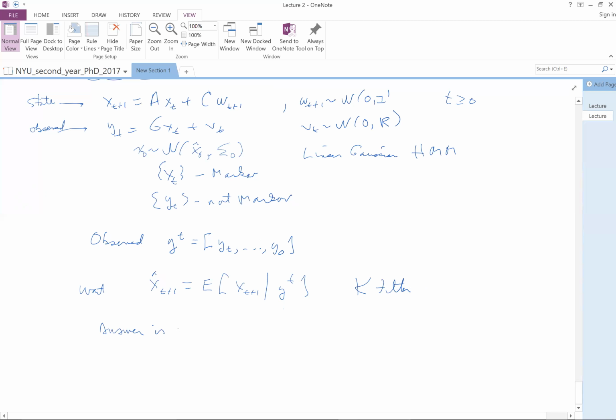And the answer to this is something called the innovations representation. And beloved to Cogley and all applied time series econometricians and people who work on, like Chris Niemark at Cornell, who work on models with higher order beliefs.